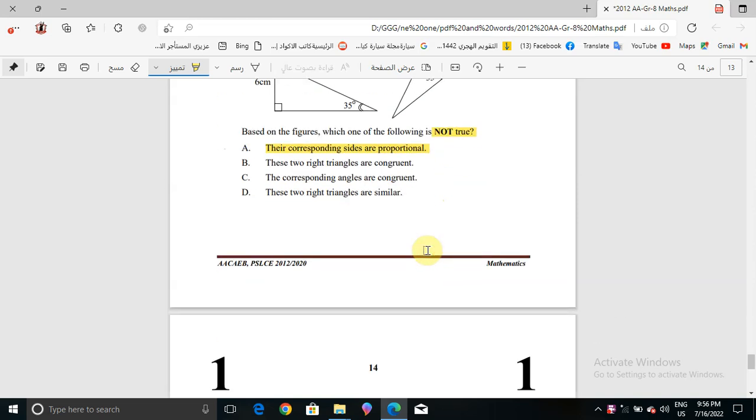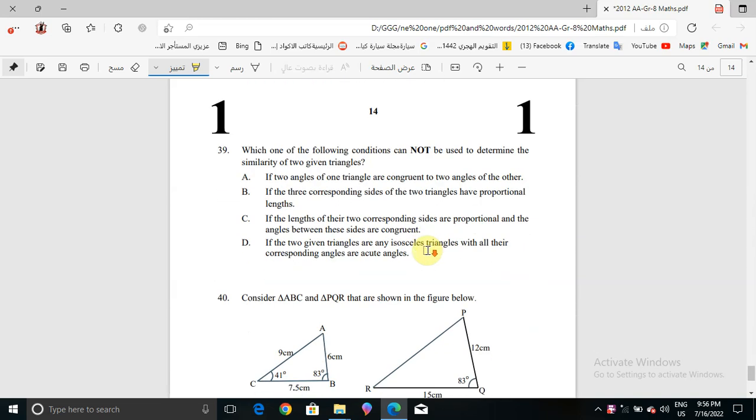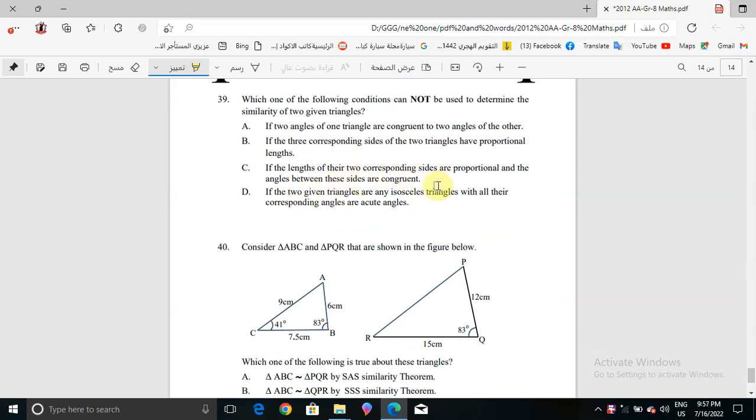Okay, now in question number 39, which one of the following conditions cannot be used to determine the similarity of two given triangles? If two angles of one triangle are congruent to two angles of the other, or if the three corresponding sides of the two triangles have proportional lengths, or if the lengths of two corresponding sides are proportional and the angles between these sides are congruent, or if the two given triangles are any isosceles triangles with all their corresponding angles being acute angles.